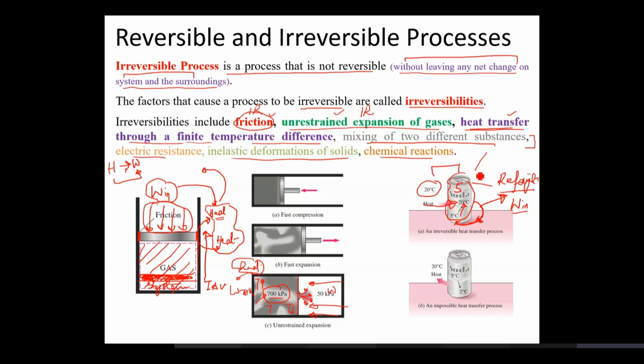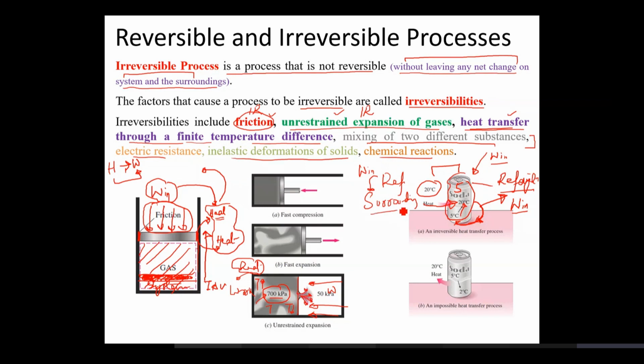There has to be some work input for this system to get back to 5 degrees centigrade. That means the refrigerator, if it is outside, is acting as the surrounding for this can. The refrigerator has to do some work in order to convert this system back to its original condition.